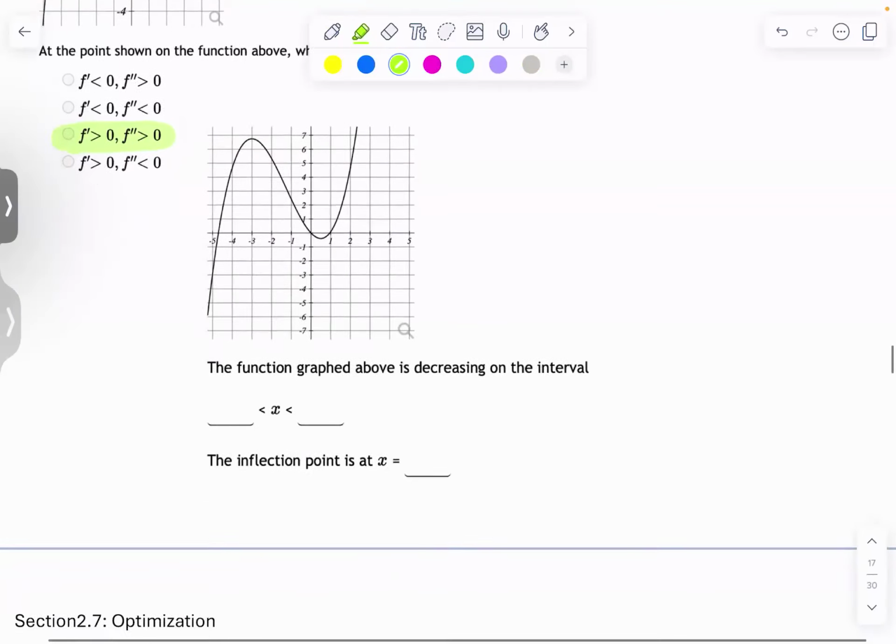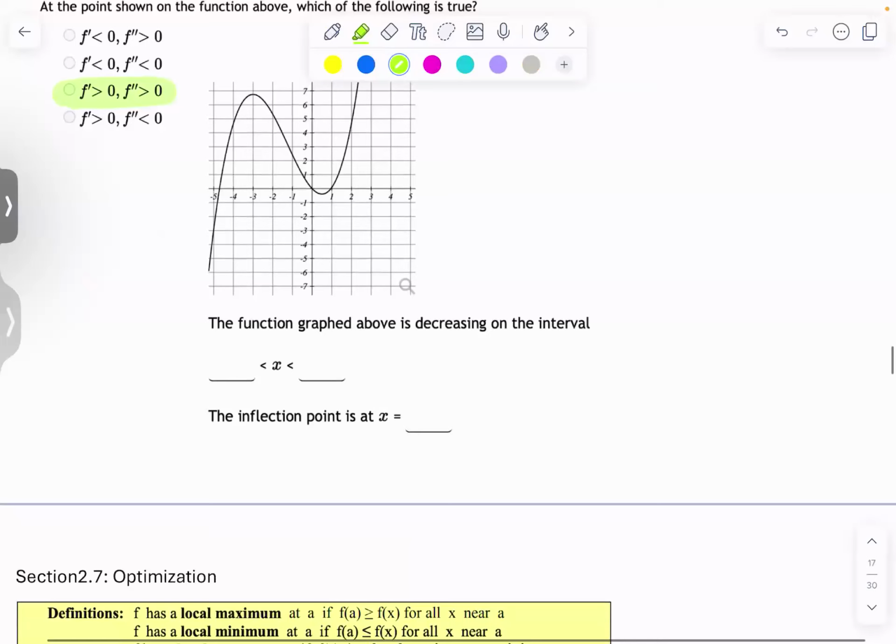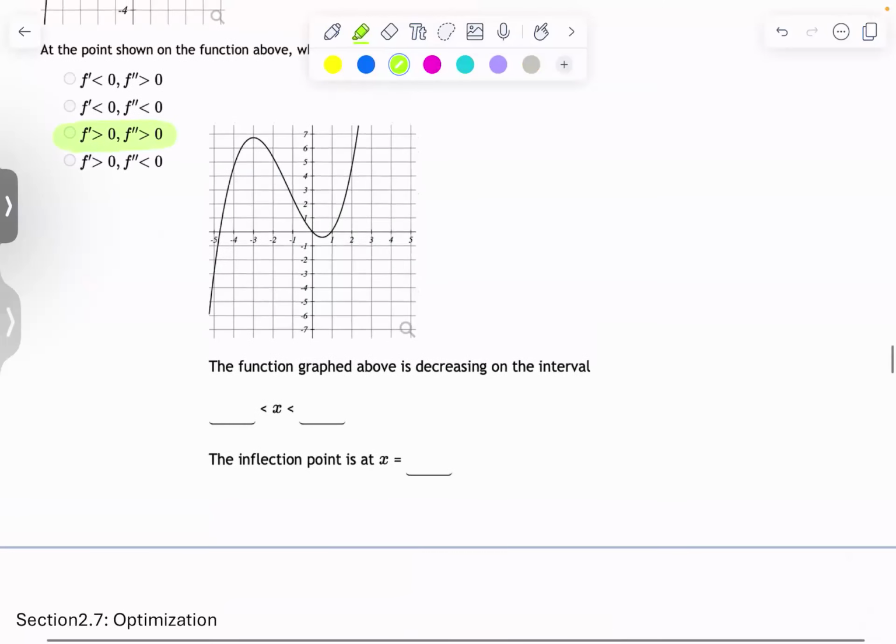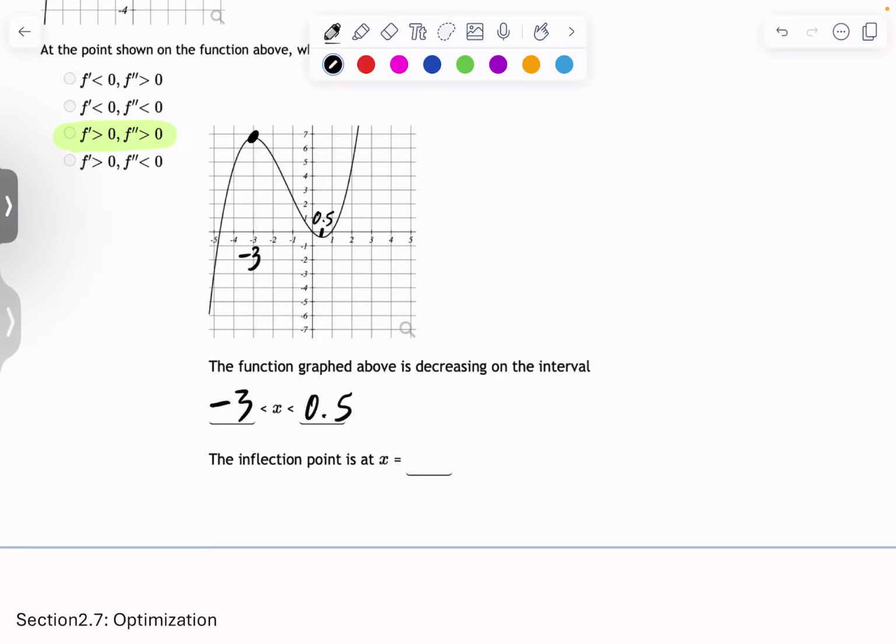And as we're looking at this last graph here for this section, it says the function graphed above is decreasing on the interval. So it's decreasing from -3, from here, -3, up until about 1/2. And the inflection point is somewhere in here.